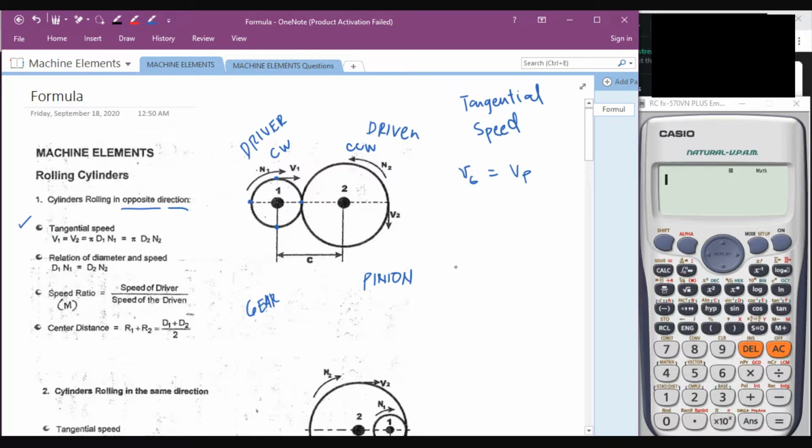Again, another definition of tangential speed: it is the linear speed of your rolling cylinder. It is the rotational speed that is translated into the linear or travel speed that your rolling cylinder will travel.